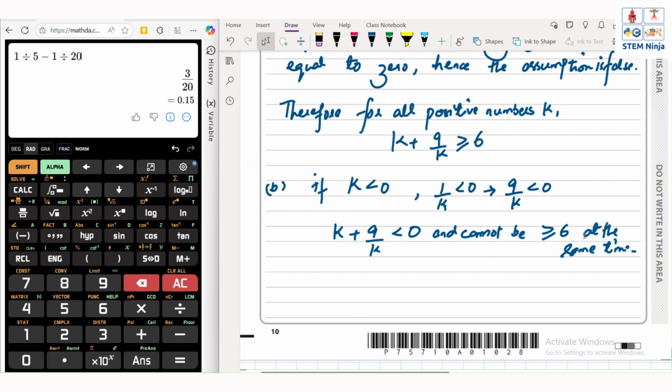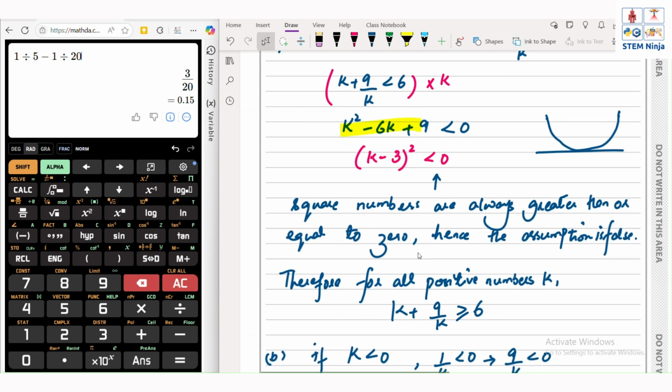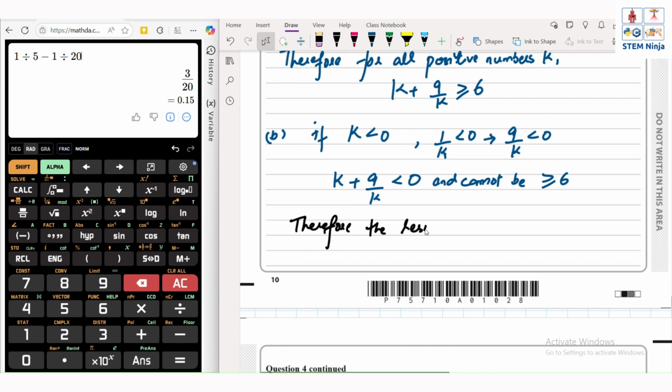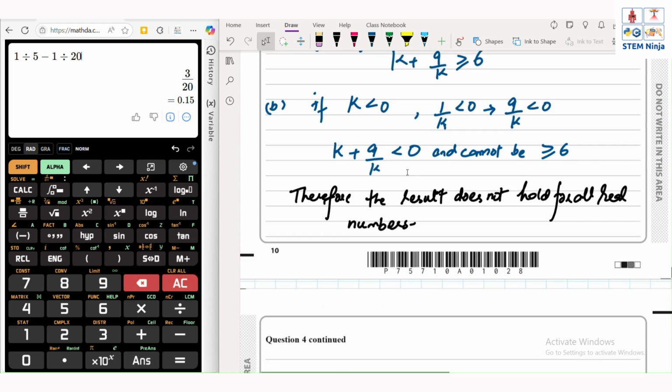Oh no, sorry, cannot be greater than 6. That's it. Therefore, the rule does not hold this relationship. Therefore, the result does not hold for all real numbers. Okay, moving on.